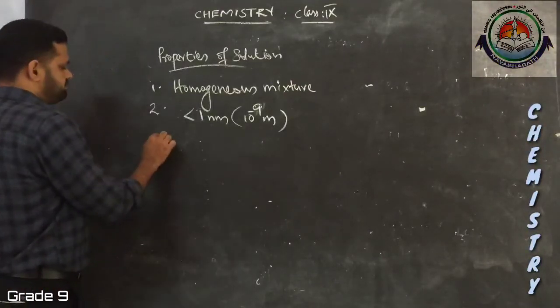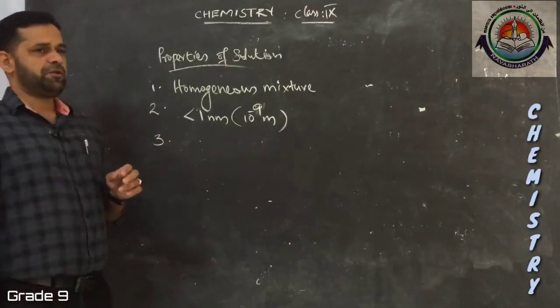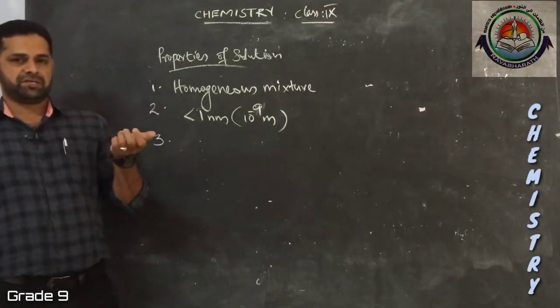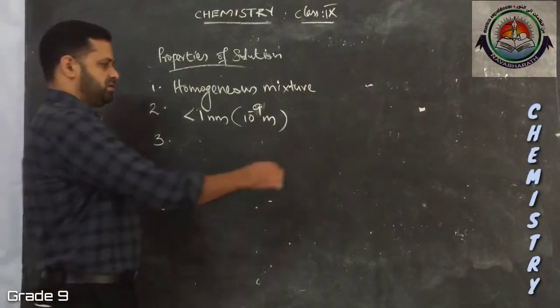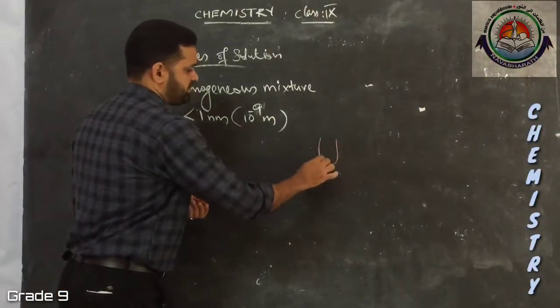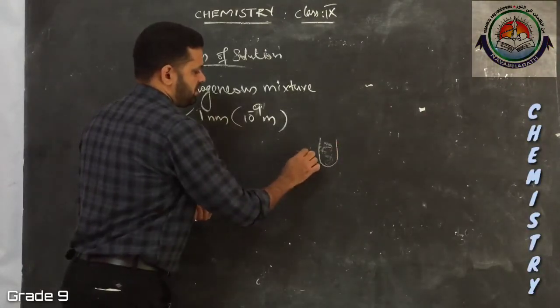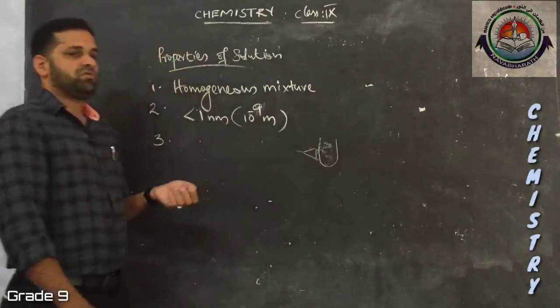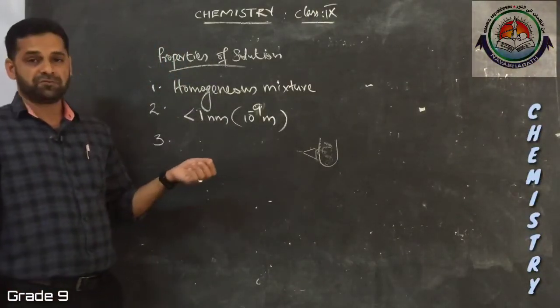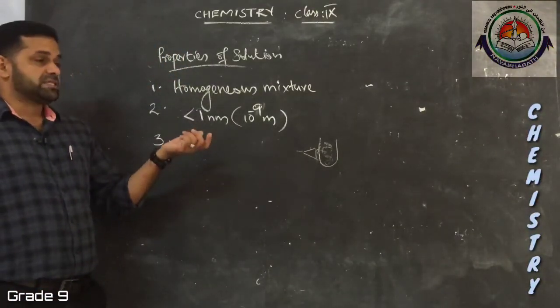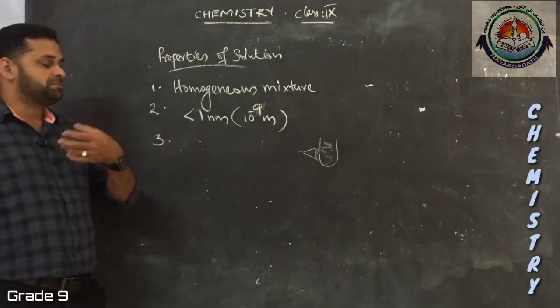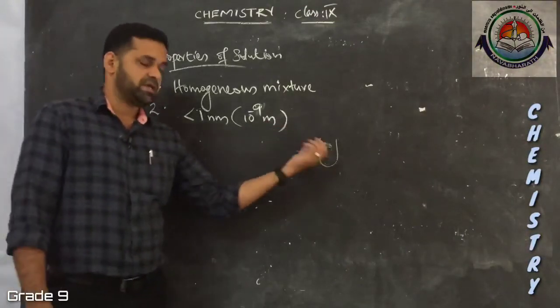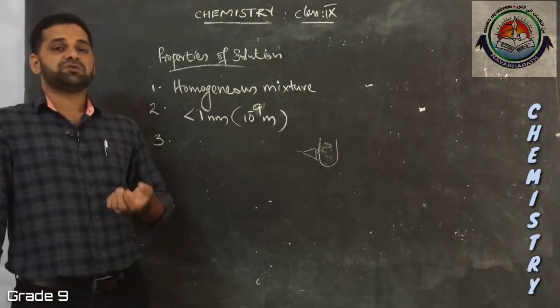And the third one: if we pass a light through a solution, we cannot see the path of the light. Why? Because the light will not be scattered by the particles present in the solution.